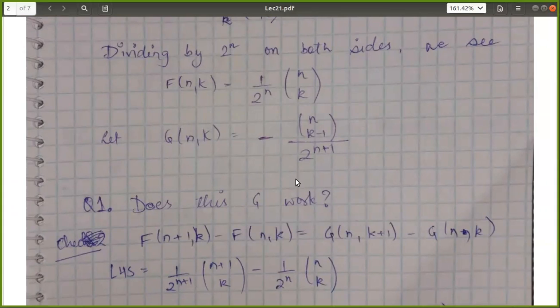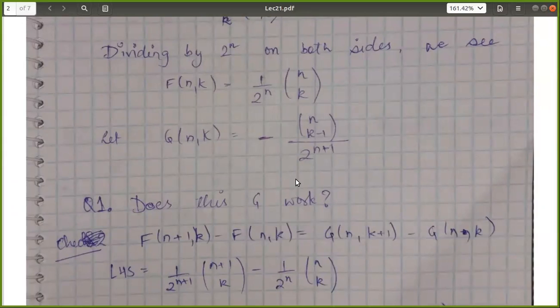Therefore, G of n,k as k tends to plus infinity is 0. Now, what happens if k is tending to minus infinity? Same, 0.